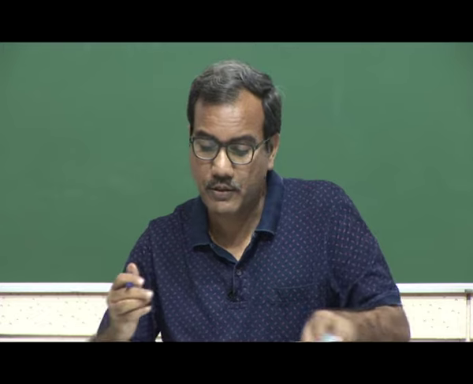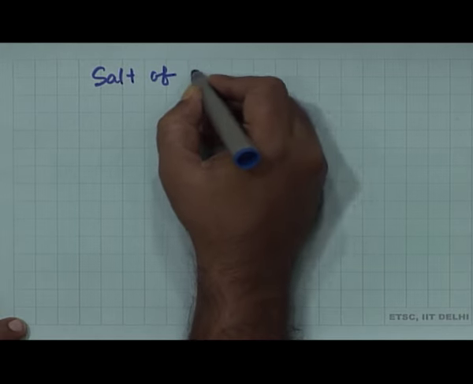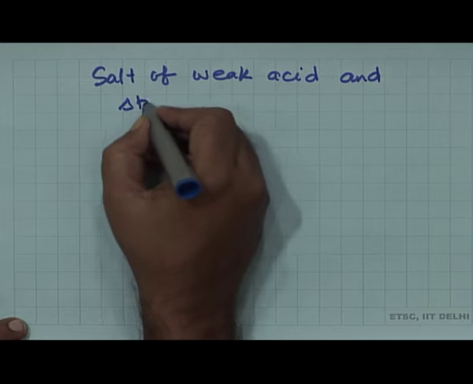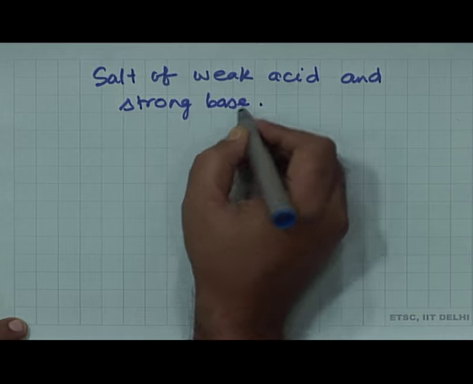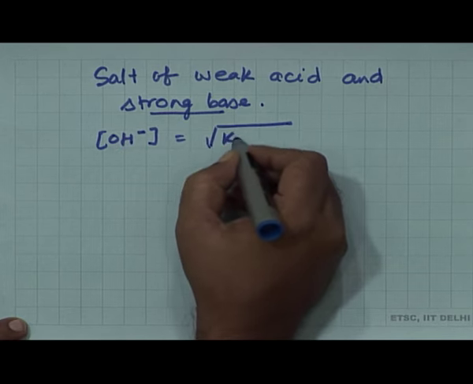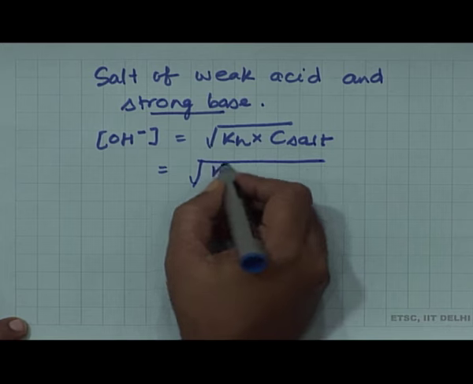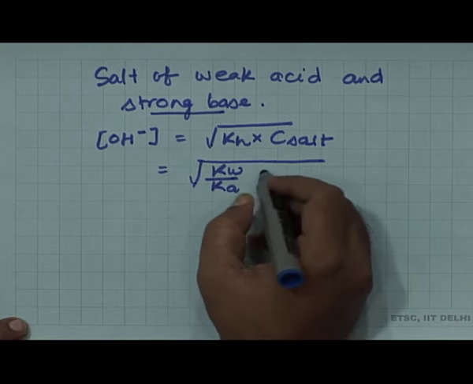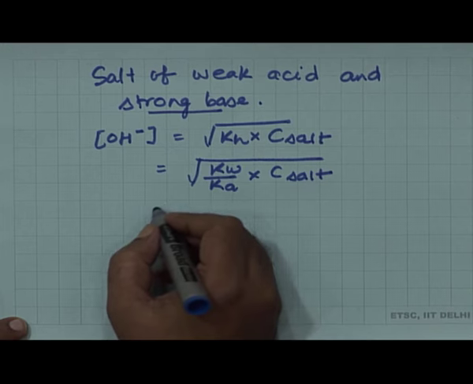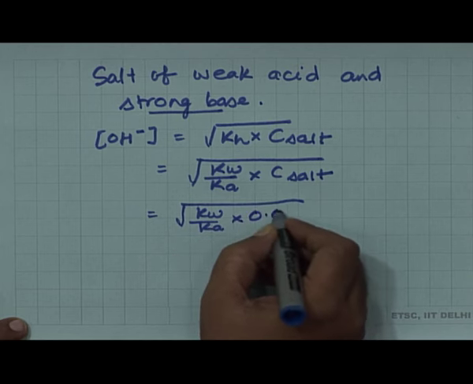Once we know the concentration, since this is the salt of a weak acid and a strong base, we can calculate OH minus ion with the equation Kh into C salt, and Kh is Kw by Ka. This is Kw by Ka into 0.05.